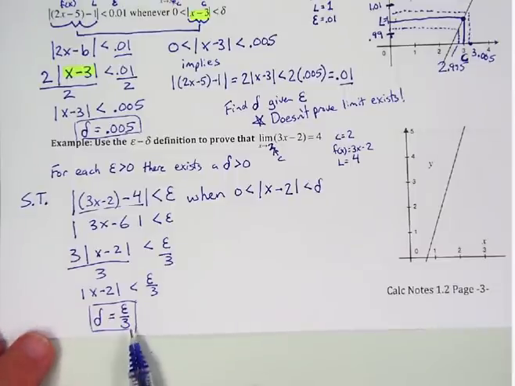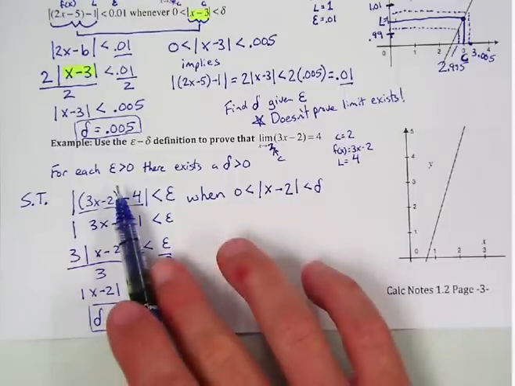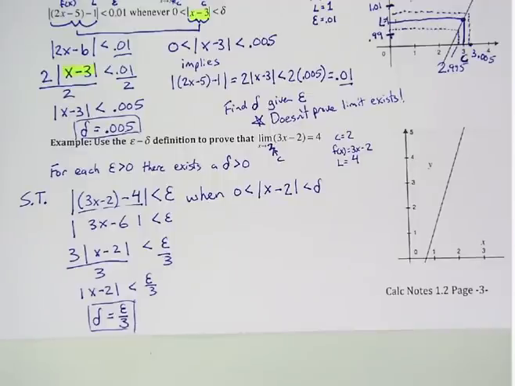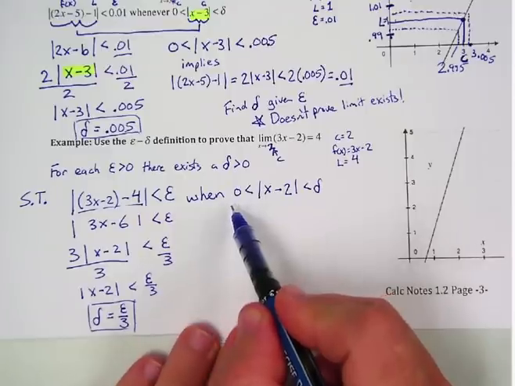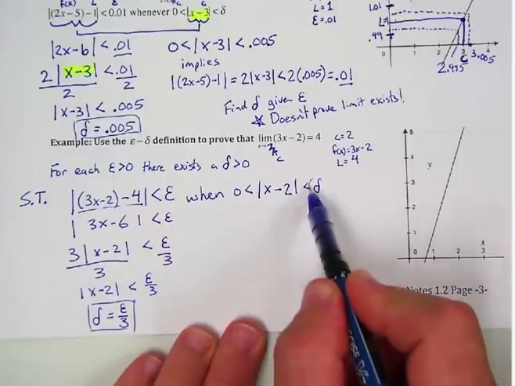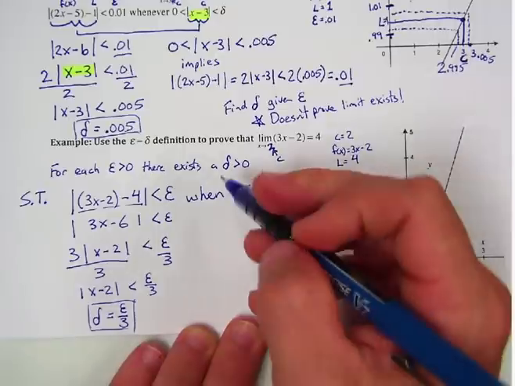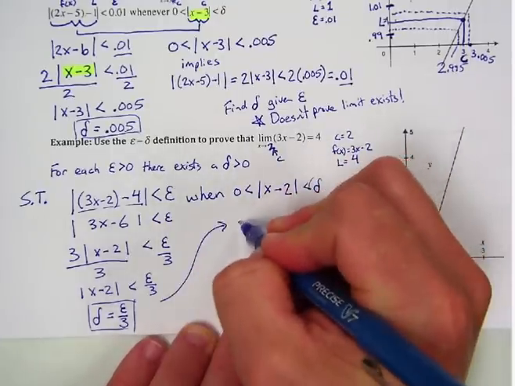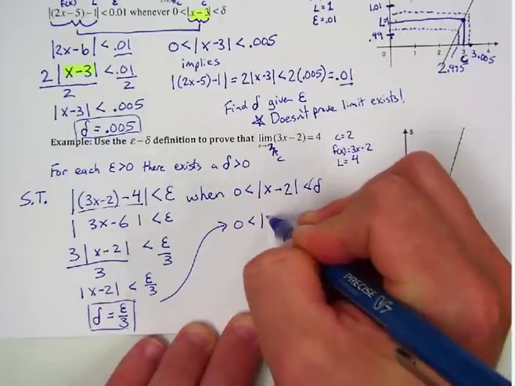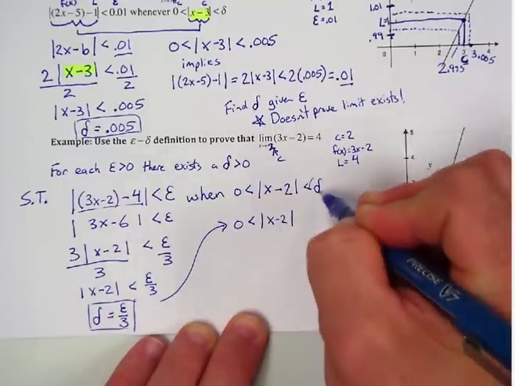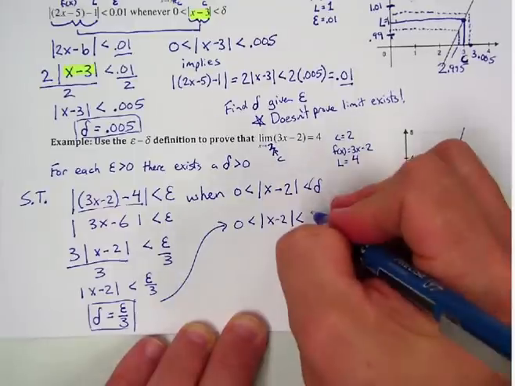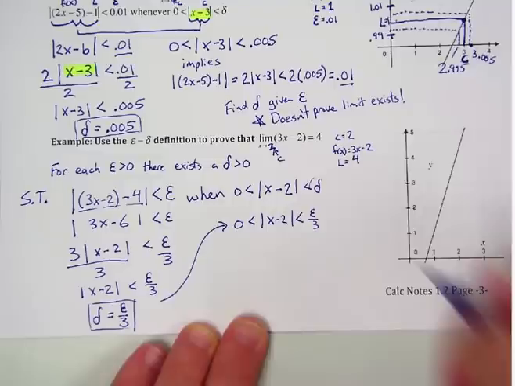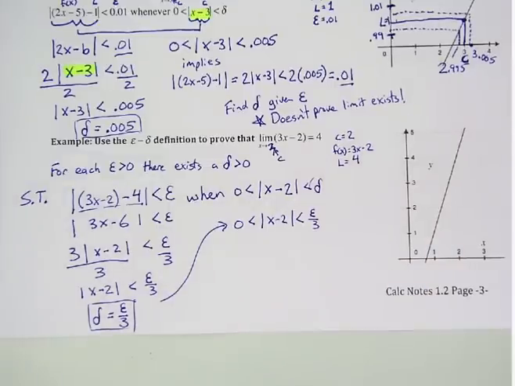Now we're actually going to prove that it works for each epsilon greater than 0. So this is where we just rewrite this statement replacing our delta. So we write 0 is less than the absolute value of x minus 2, which is less than, replacing our delta, epsilon over 3. And now we kind of work in reverse.